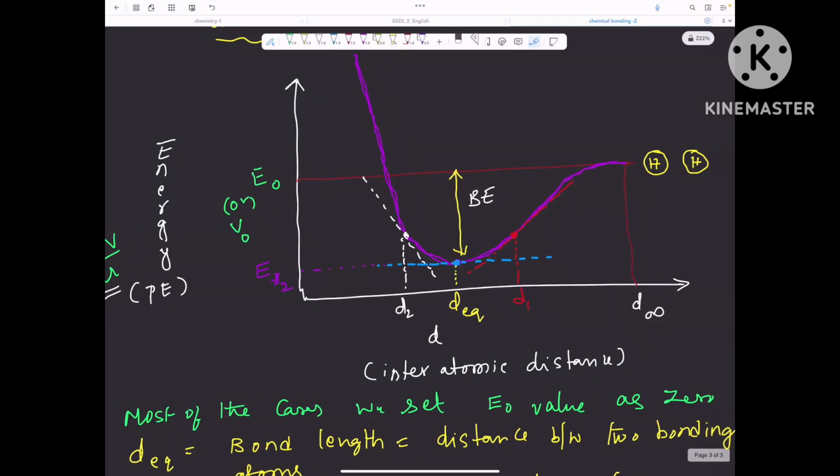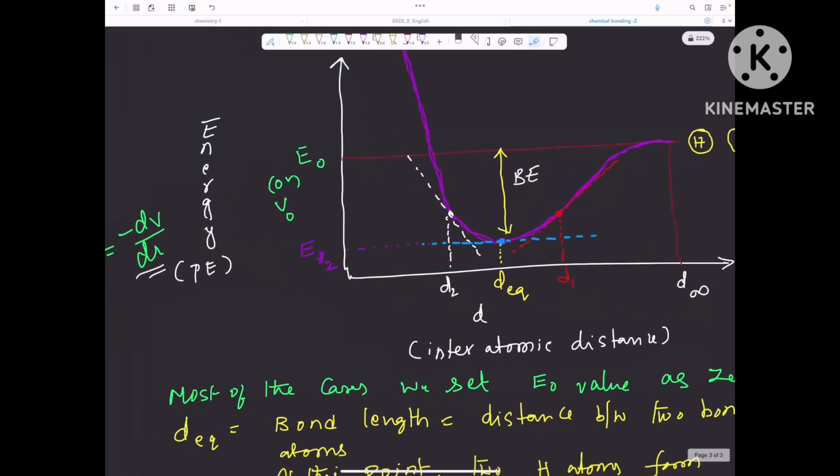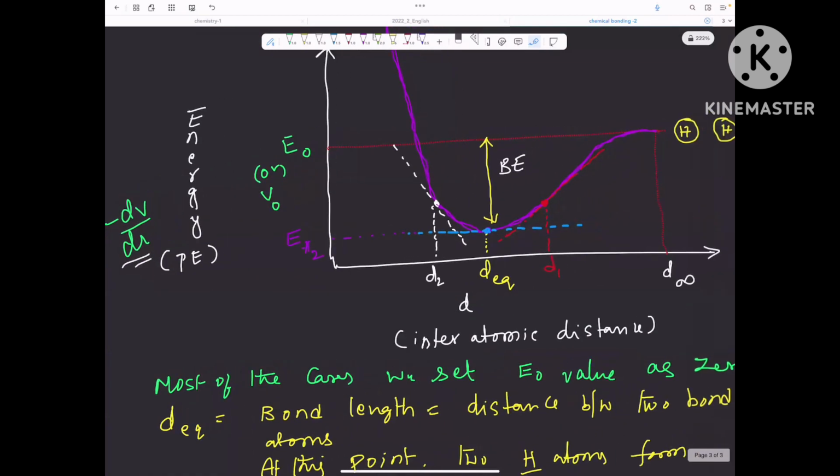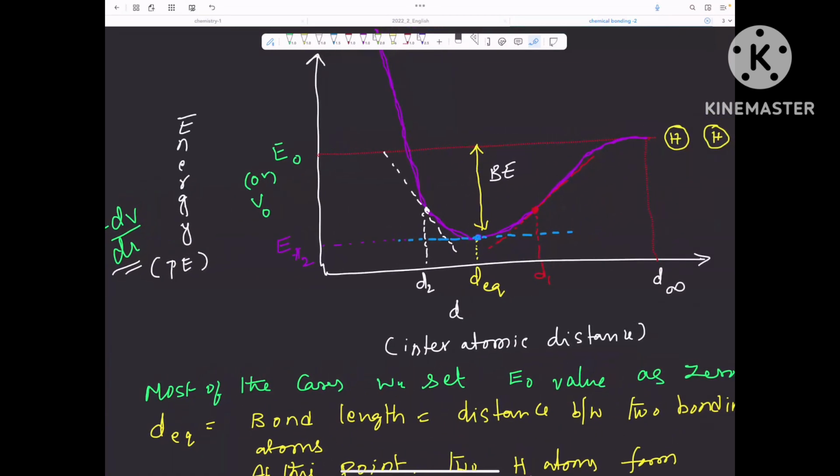Now, by definition, force is equal to minus dV by dr. Now, dV by dr is from a plot drawn between potential energy versus distance. Here R is equal to D. Here we may use D, or here we use R, you can use R. It could be R, you may call it R. That's nothing wrong.